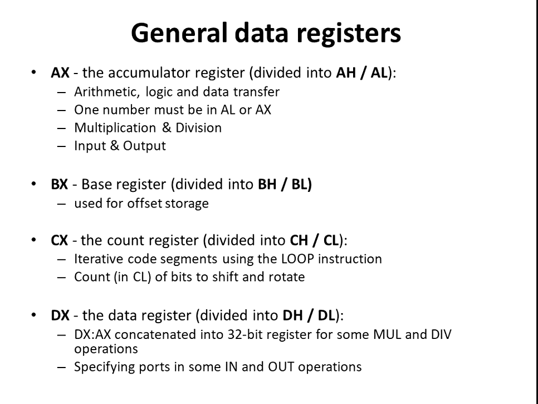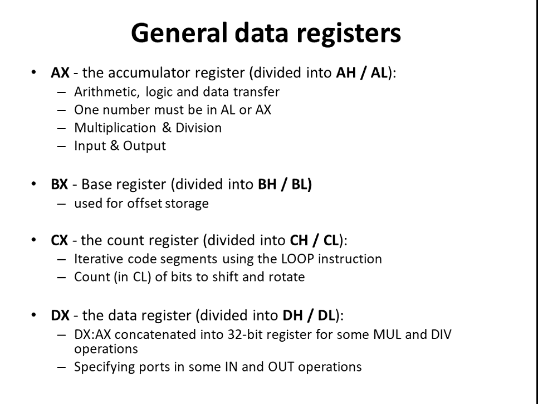In the case of a loop instruction, to count the number of iterations, we use this counter register. And in the case of string manipulation, the number of bits to be shifted or rotated can be stored in this counter register. So we can say that the counter register is commonly used in string and loop instructions.